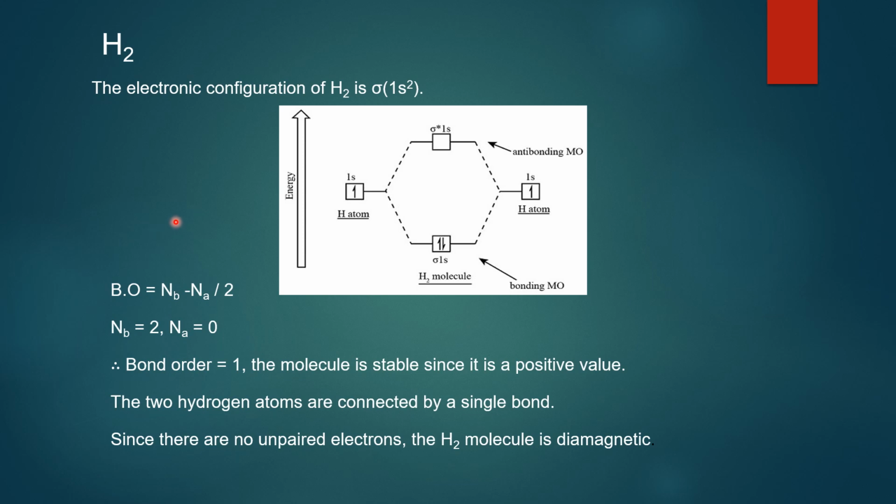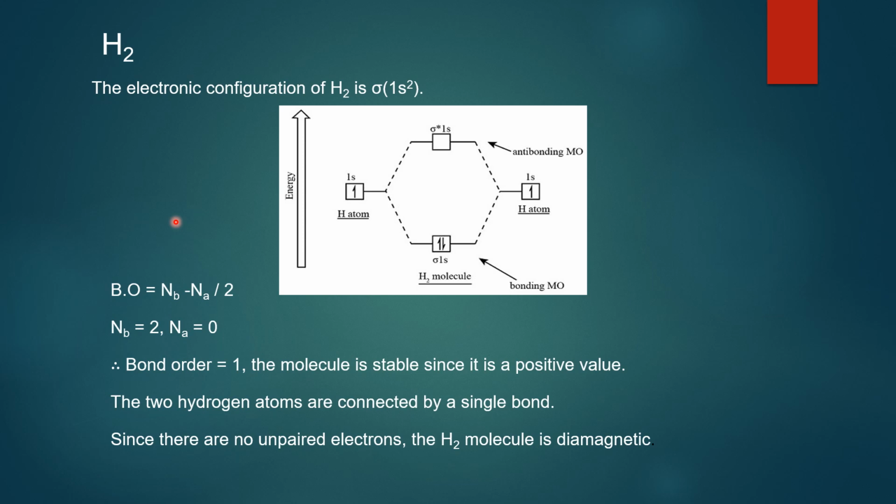The third thing is that we have to find out the magnetic property of the substance, whether it is paramagnetic or diamagnetic. These are the three things to keep in mind.